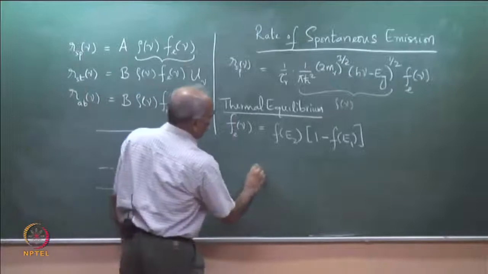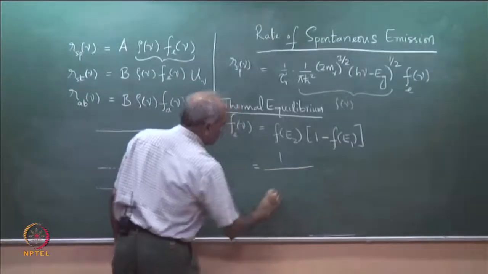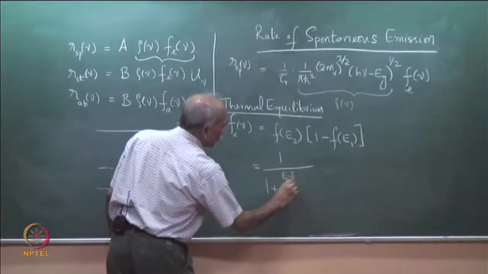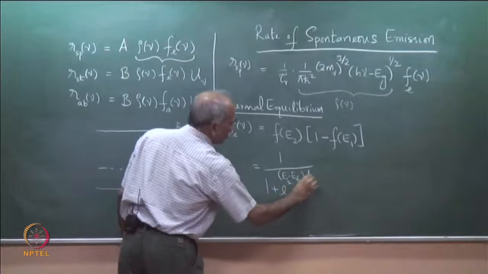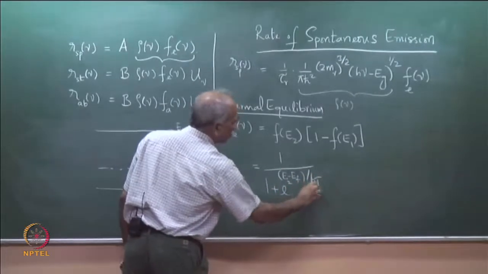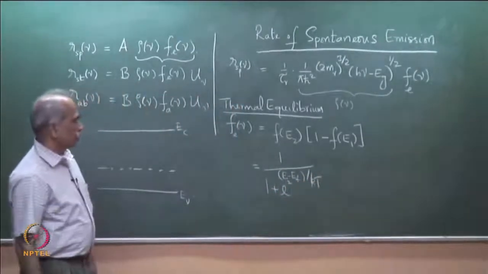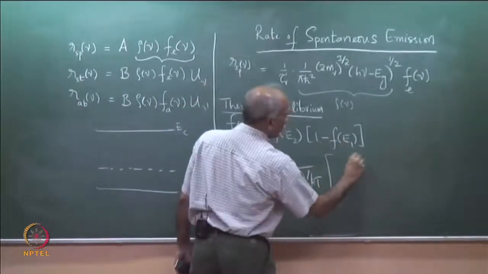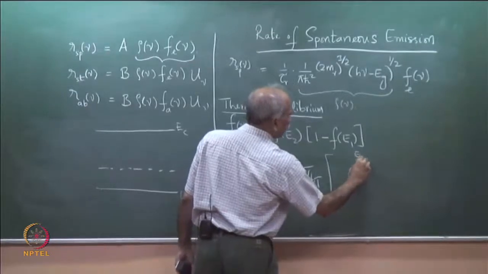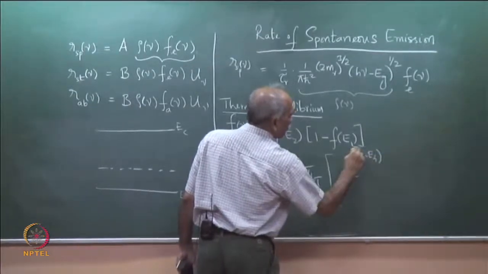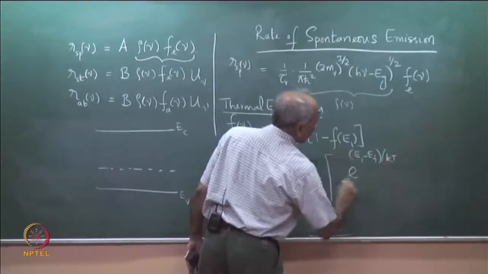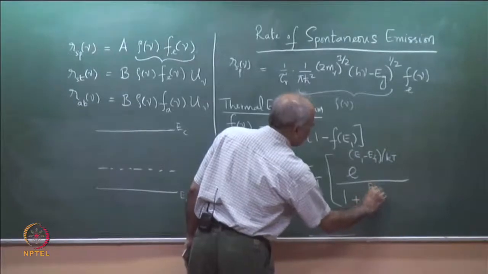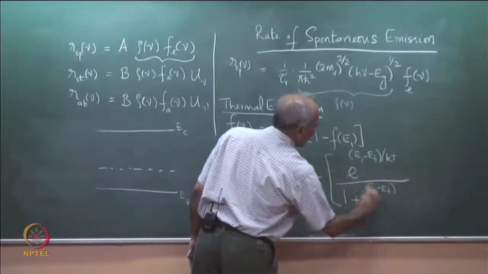So, substitute F of E2 as 1 divided by 1 plus e to the power (E2 minus EF) by kT, into this one, which will give me e to the power (E1 minus EF) by kT in the numerator, divided by 1 plus e to the power (E1 minus EF) by kT.